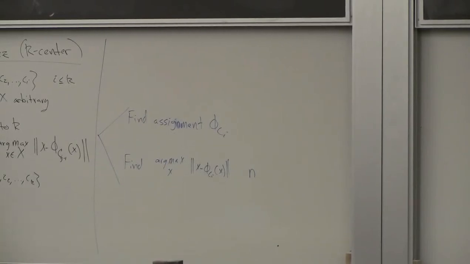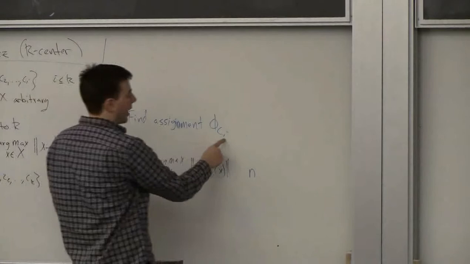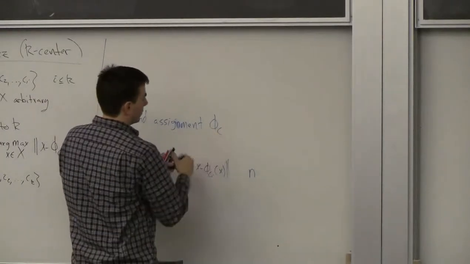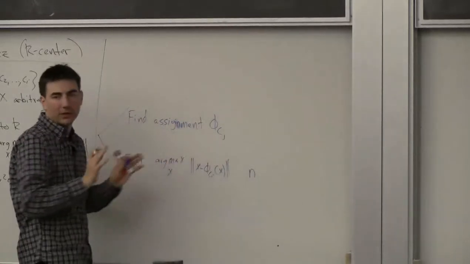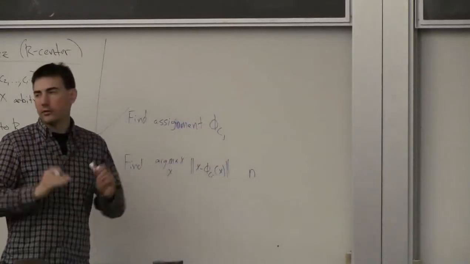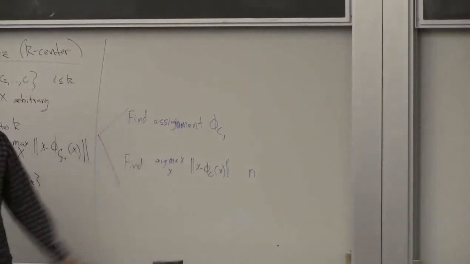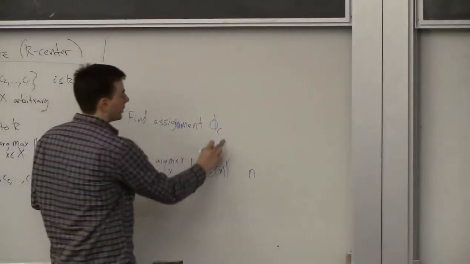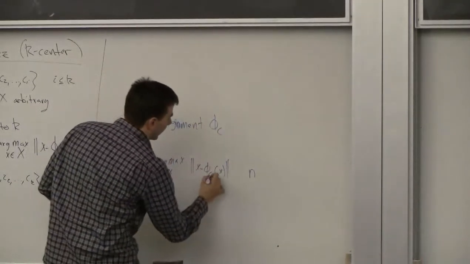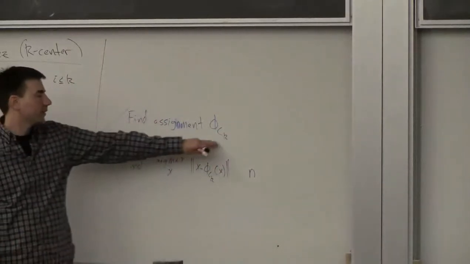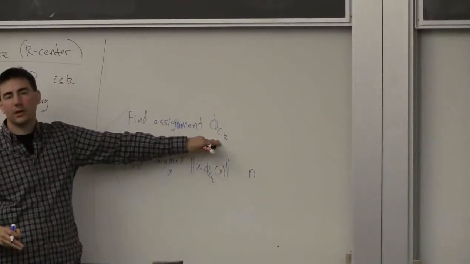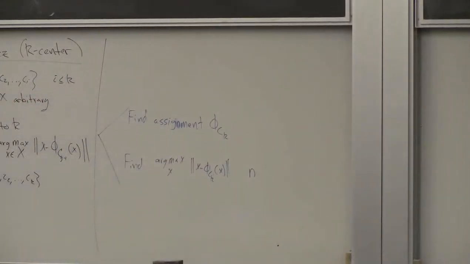So I need to find this assignment. How do I do this? I need to assign every point to one of the centers.